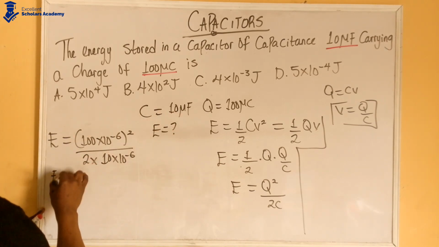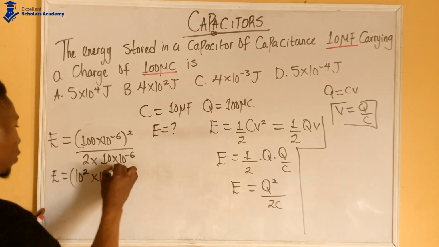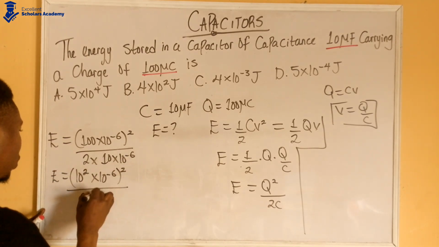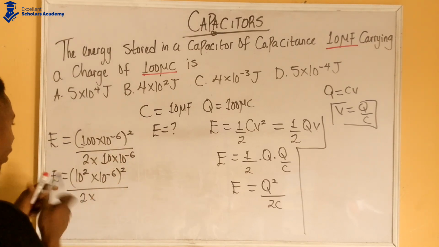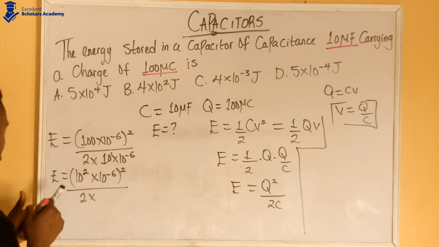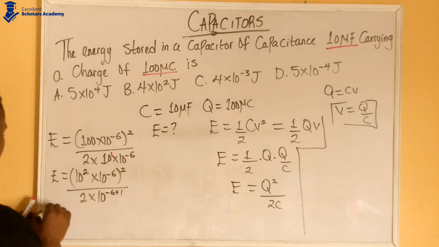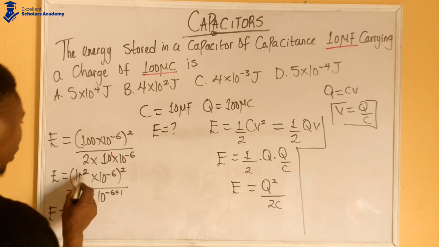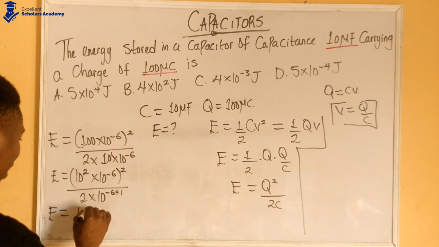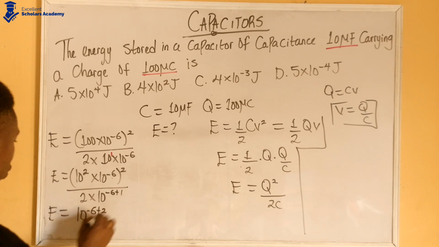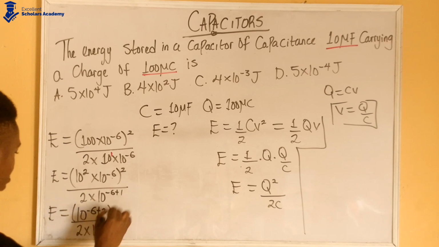So E is equal to 100, which can be written as 10 to the power of 2, times 10 to the power of minus 6, all to the power of 2, over 2 times 10 to the power of 1 times 10 to the power of minus 6. 10 is 10 to the power of 1, so I'm going to add their powers: 10 to the power of minus 6 plus 1. Adding the powers inside the bracket because of the law of indices, 2 plus minus 6 gives minus 6 plus 2, all squared, do not forget.